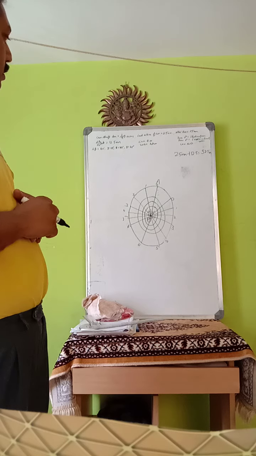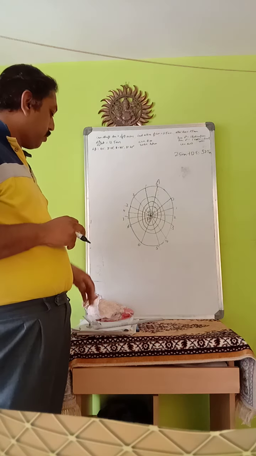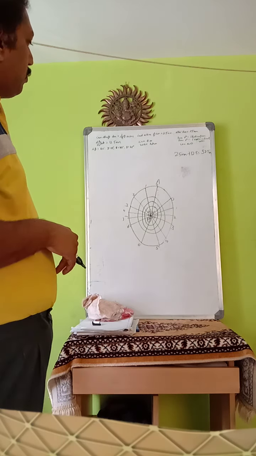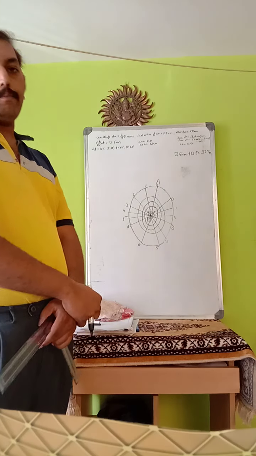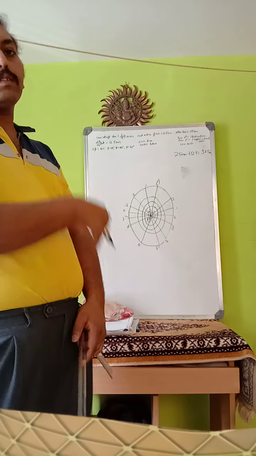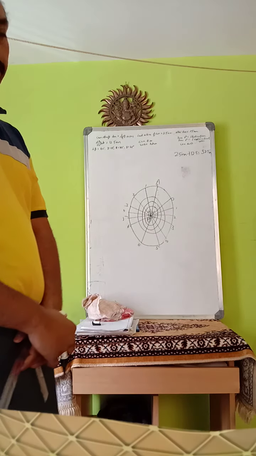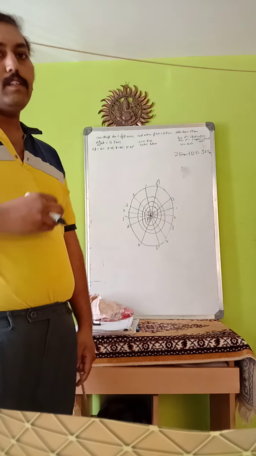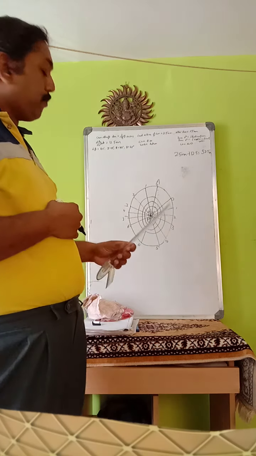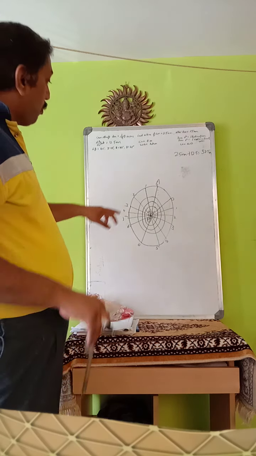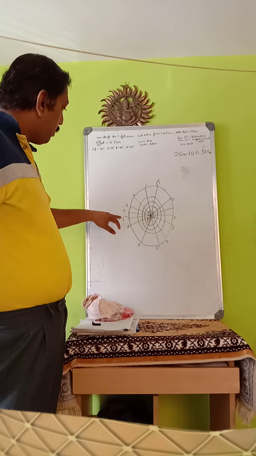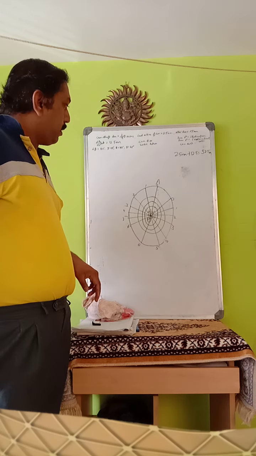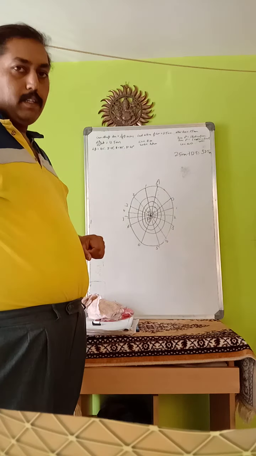With this, in the case of offset cams, this step is required: we have to draw the tangents to the points. Now we have these points 1, 2, 3, 4, 5, 6. Let us consider the rise portion.